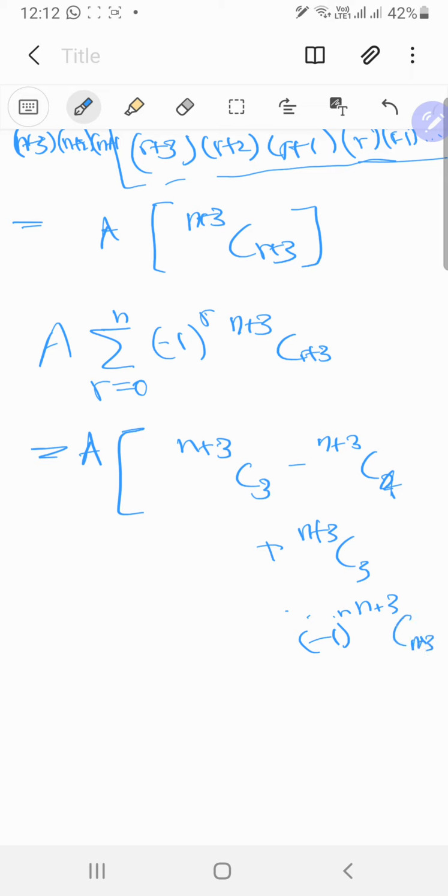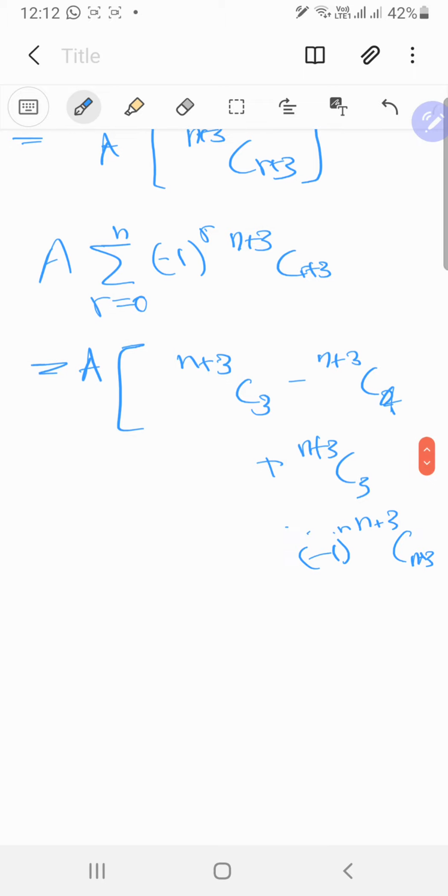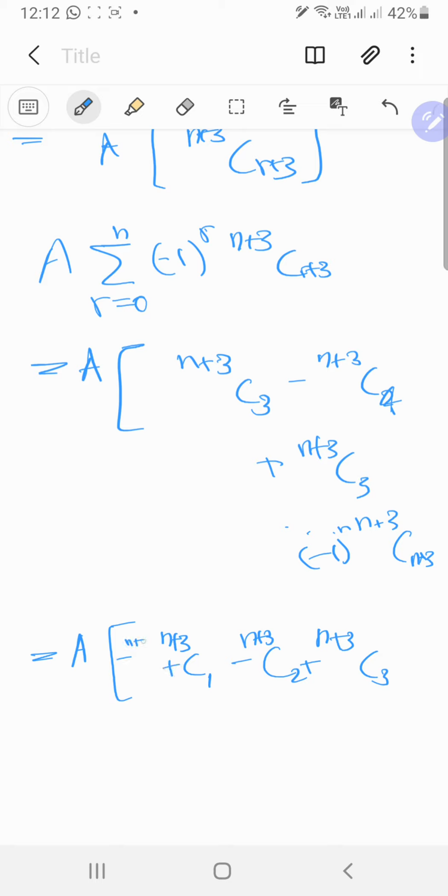It would be better if there were some more starting terms, because the C0, C1 and C2 terms are kind of missing over here. So I'll just inject them inside. So it's n+3C3, then minus n+3C2, then positive n+3C1, and negative n+3C0, and so on, up to n+3Cn+3.